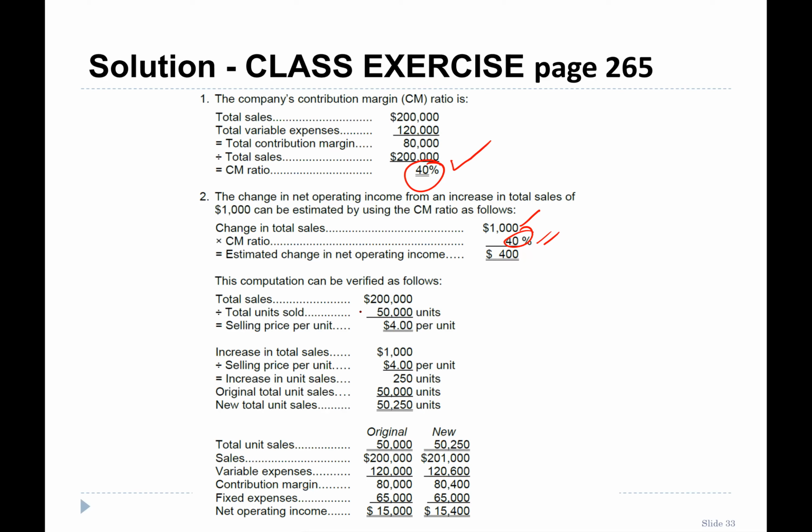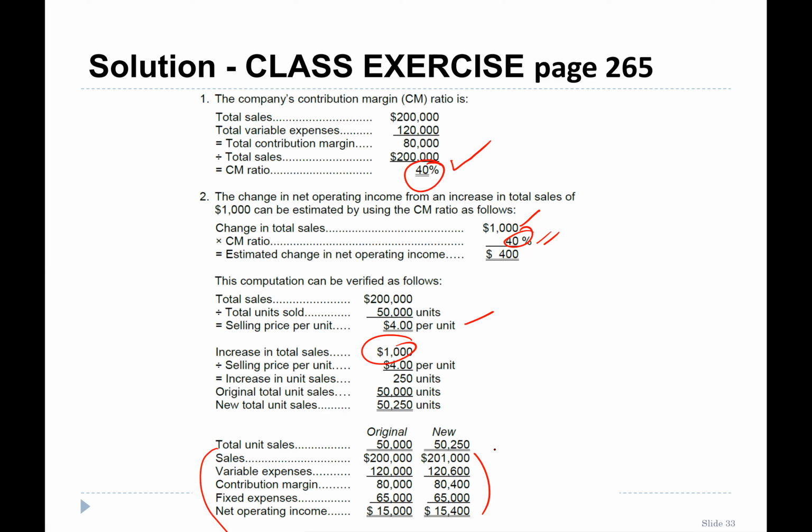So total sales going to be, and total sales price going to be, right? Price going to be 4 per unit. Increase in sales is 1,000. And if you don't understand this, then just compare this scenario.